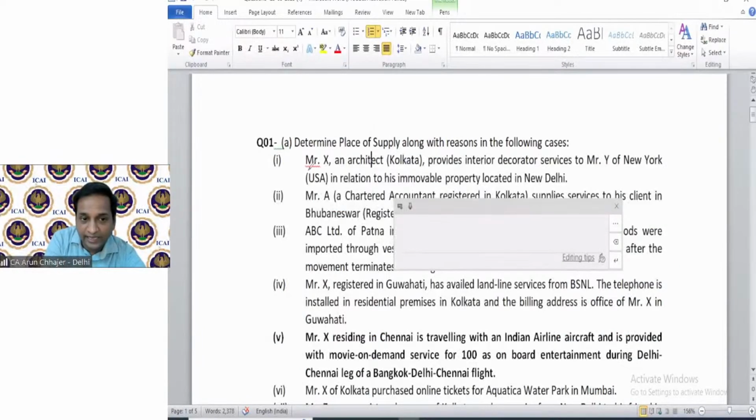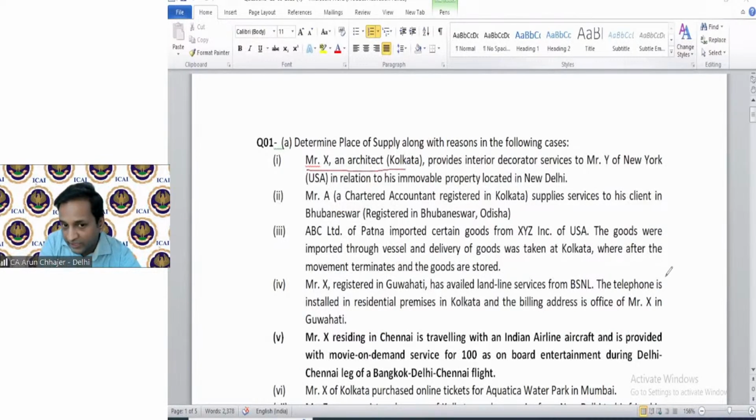Mr. X is an architect providing the interior decorator service. So here the location of supplier is India and the location of recipient is outside India. Therefore, the place of supply would be determined according to section 13.